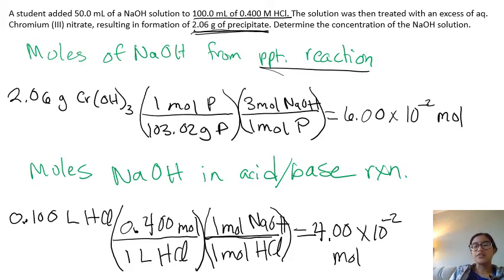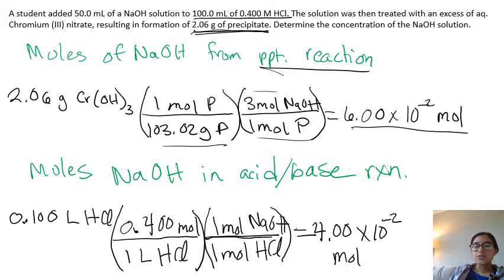Because you're given a mass, you use the molar mass of chromium hydroxide to get to moles. Now we're interested in getting to sodium hydroxide, so using the mole ratio, we know that for every 1 mole of chromium hydroxide, you need 3 moles of NaOH. That ends up giving you 6.00 times 10 to the negative 2 moles.